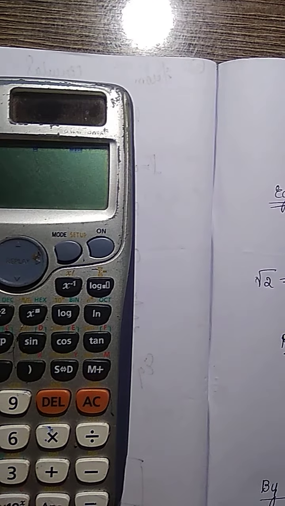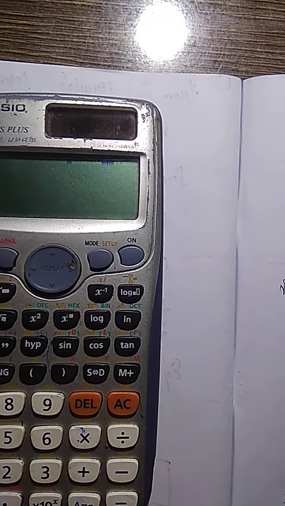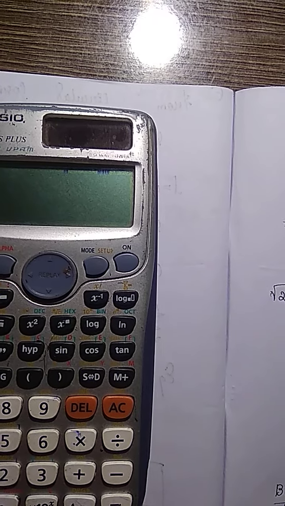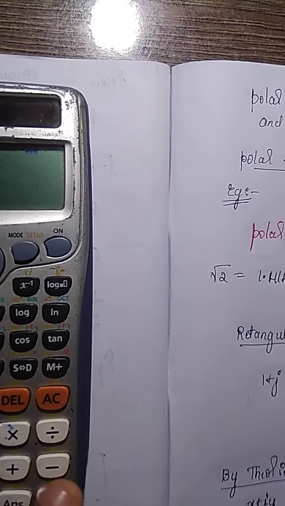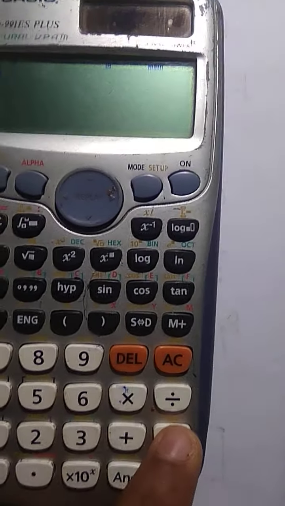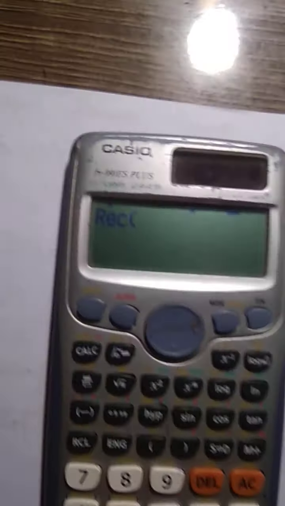To convert to rectangular coordinates, we press shift, and here is rectangular on the minus key, shift minus.